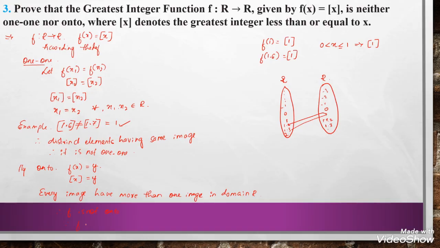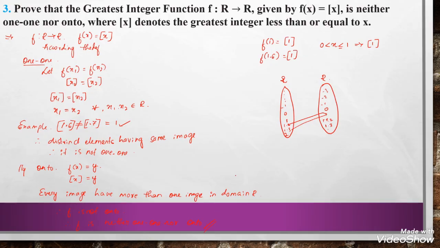Therefore f is neither one-one nor onto. This is the proof of the given problem.